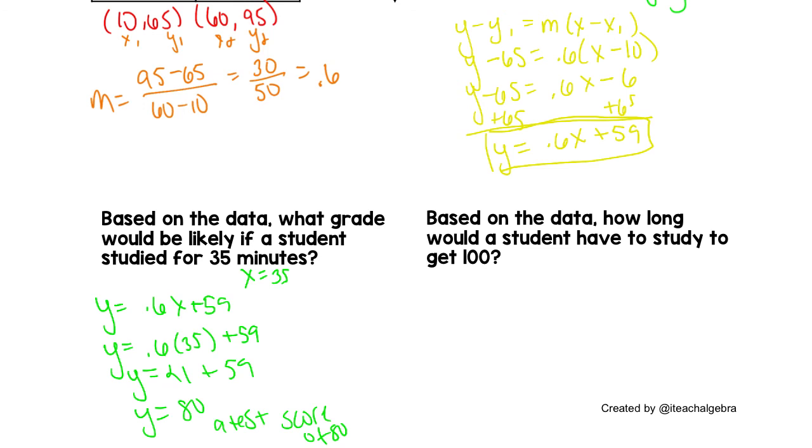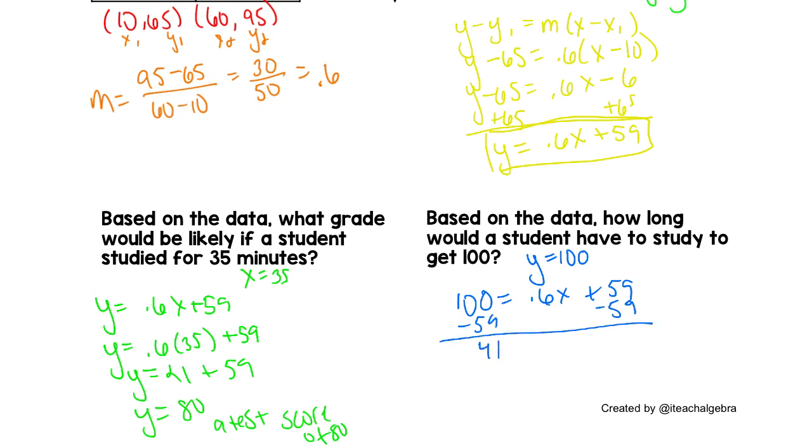Let's do another one. Based on the data, how long would a student have to study to get 100? That means, since grades are the y value, we're going to plug in 100 for y. So we have 100 equals 0.6x plus 59. We need to subtract 59 from each side.